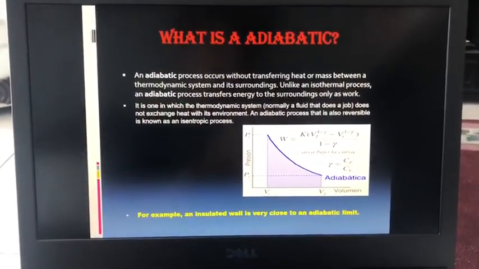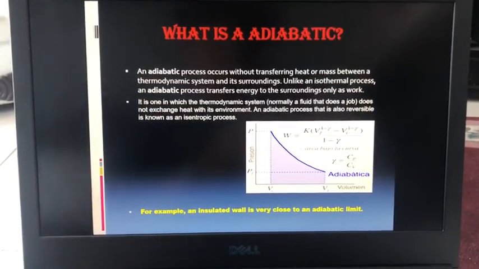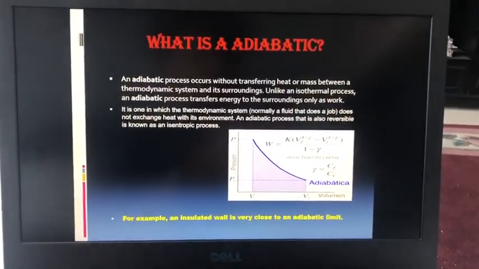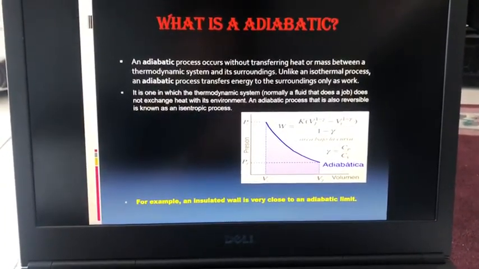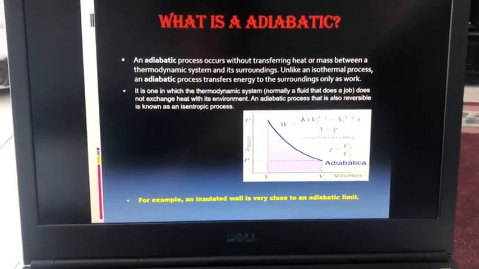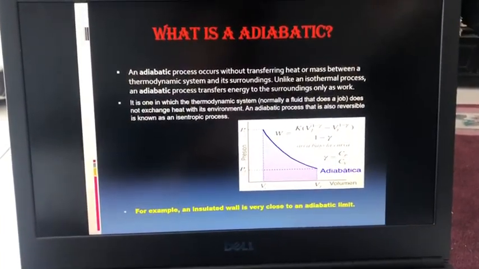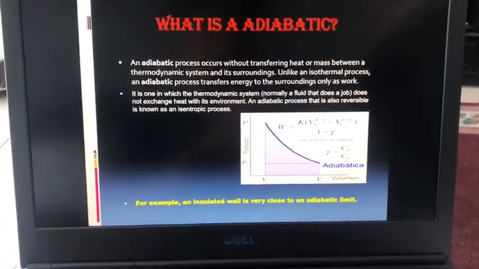The other topic is what is the adiabatic. An adiabatic process occurs without transferring heat or mass between a thermodynamic system and its surroundings.